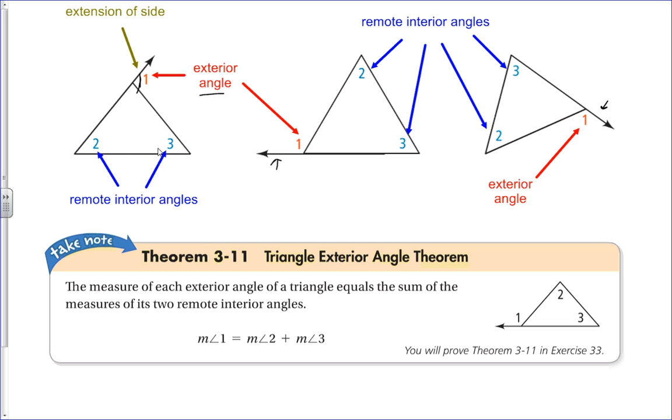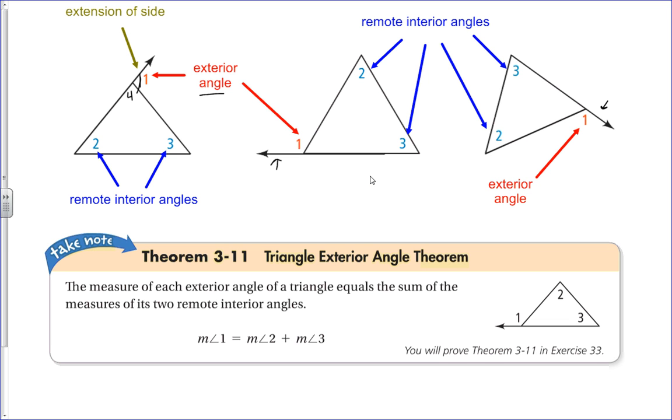Now, you see how angles 2 and 3, neither of them are adjacent to angle 1, because angle 4 here is adjacent to angle 1. So that would be an adjacent angle, and since neither 2 or 3 in any of these three diagrams are adjacent to angle 1, that makes them the remote interior angles.